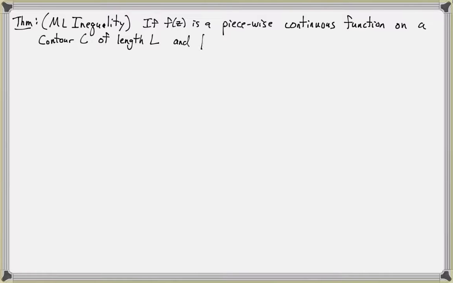That is, the absolute value of f of z is less than or equal to capital M, so it's like a maximum, capital M for maximum, for all z on the contour C.